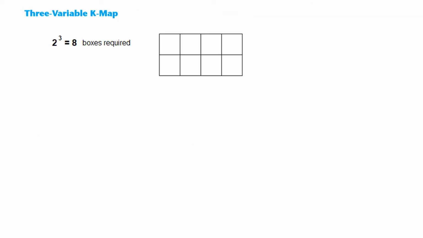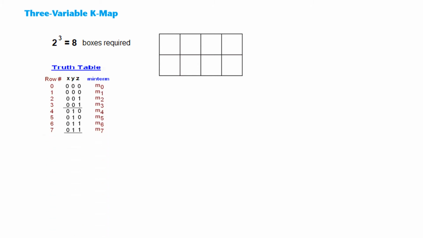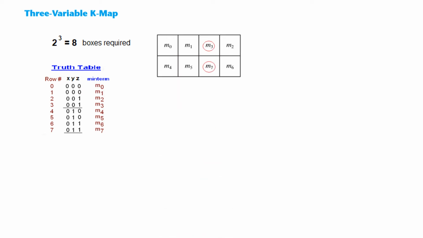Now let's see the 3 variable K map. So we need 8 boxes. So we select the boxes like this. Then we take help of the truth table and min terms, you remember. Now the important point to remember in case of more than 2 variables is that the sequence is disturbed here.